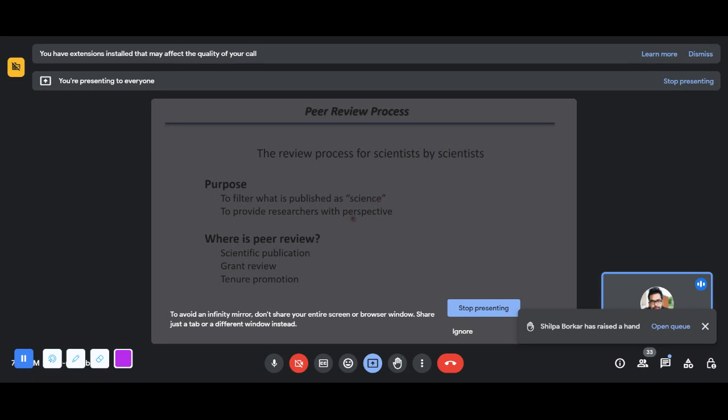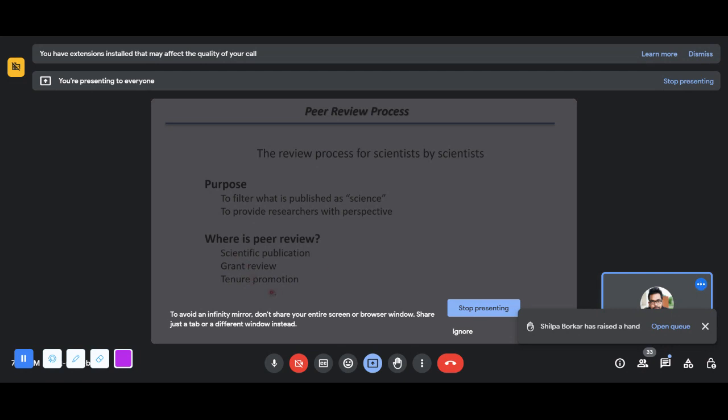Peers are also working scientists within the field, so they will decide whether this is publishable or not.